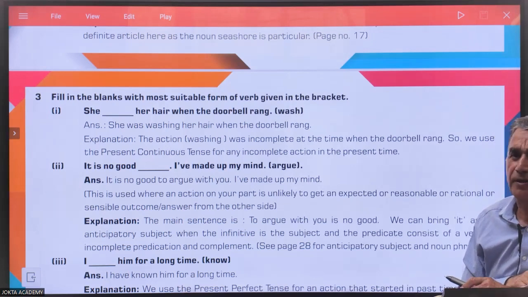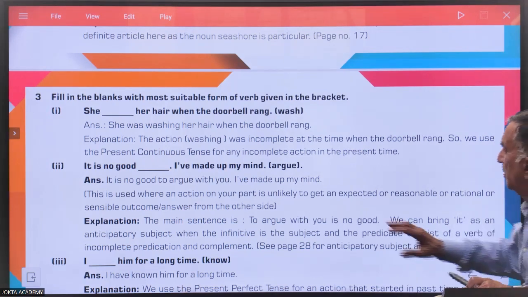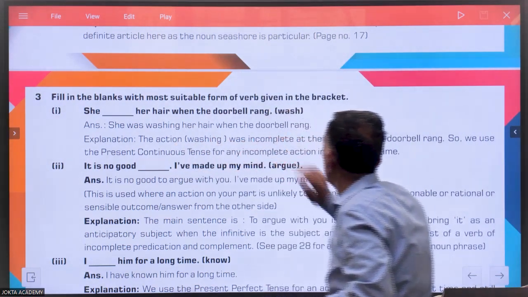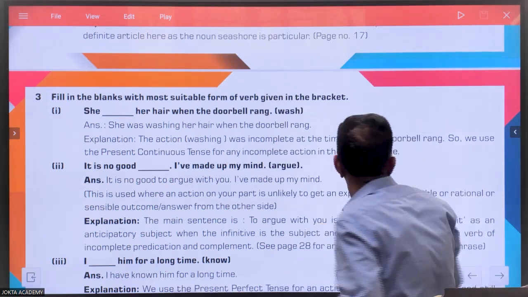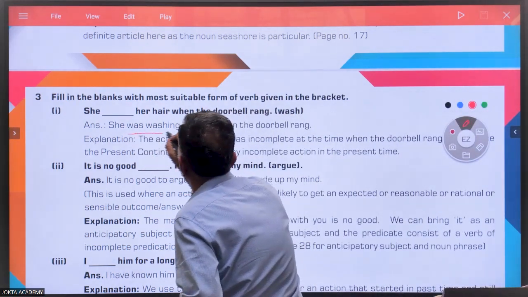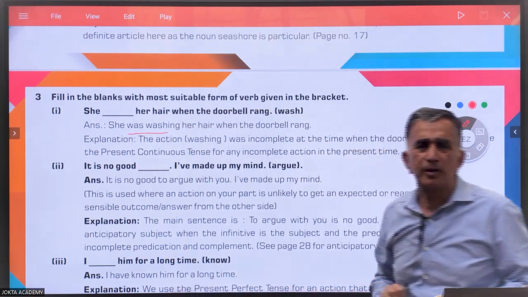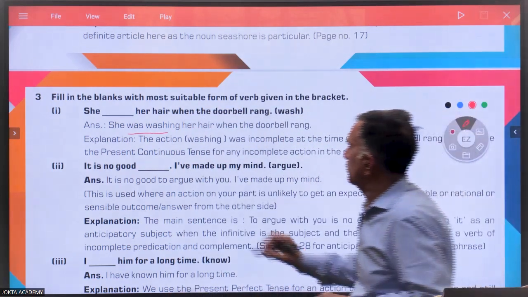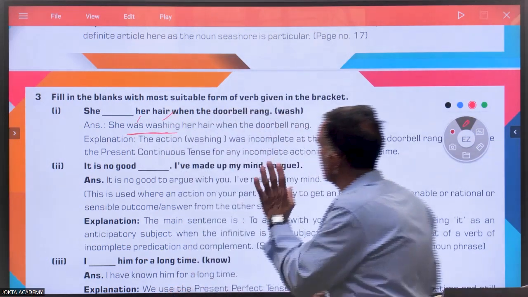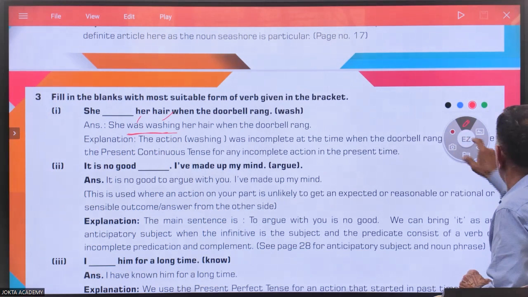Every action has time and type. So, she was washing her hair when the doorbell rang. The action took place at some past time, and the type of action was continuous. In that past time, it was continuous. So she was washing her hair when the doorbell rang.